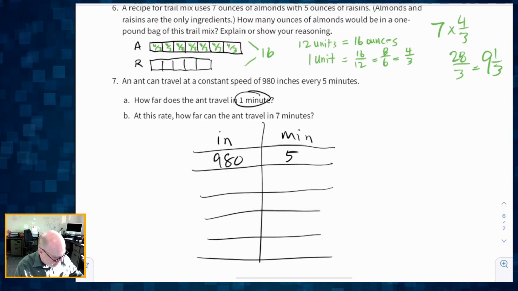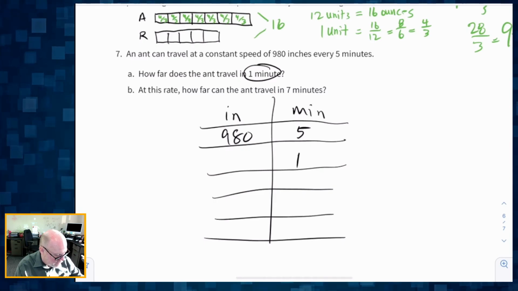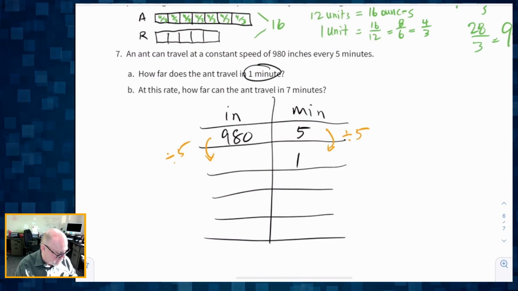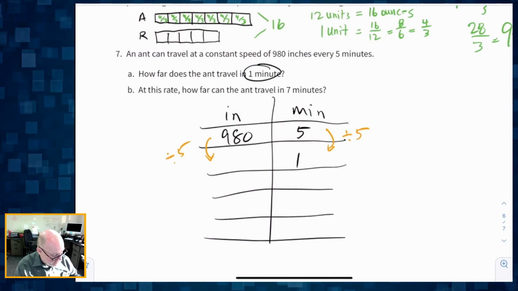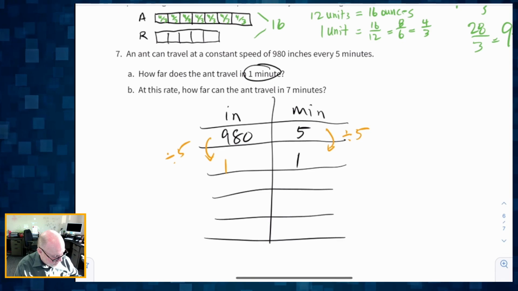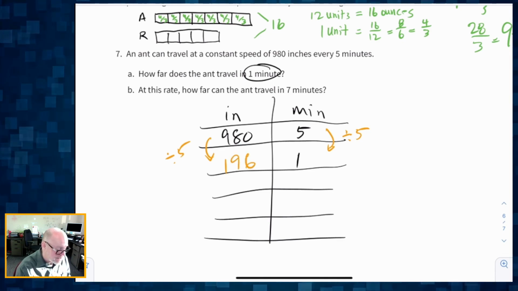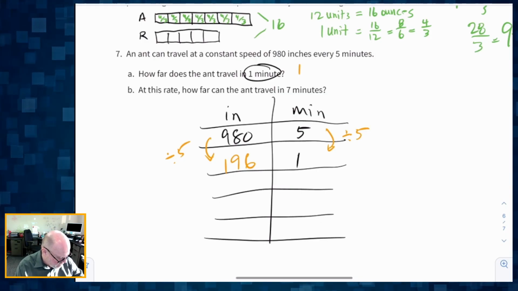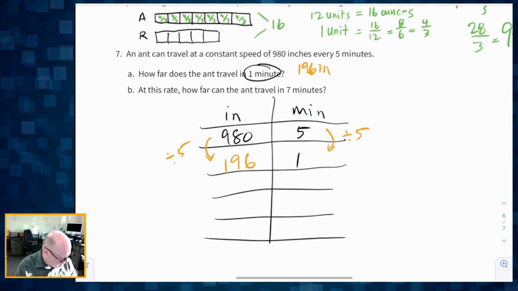All right, so how do we convert? We want to know 1 minute. So what's our scale? Our scale rate is we're going to divide by 5, and that answer is 196.